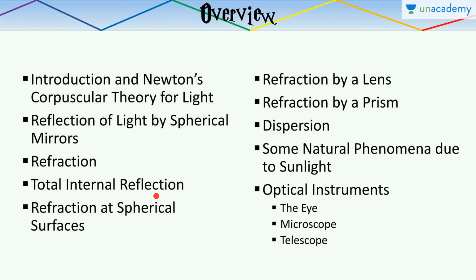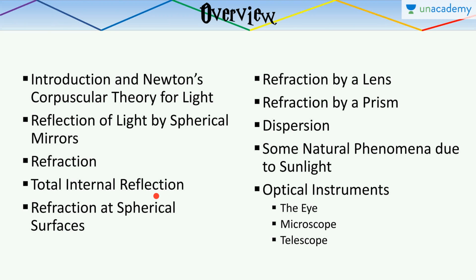And this total internal reflection is very important to conserve the energy of light inside the material medium in which it is traveling through. Because if this was not the case, then you would lose a lot of energy of the light which is traveling through the light pipe, as we say.